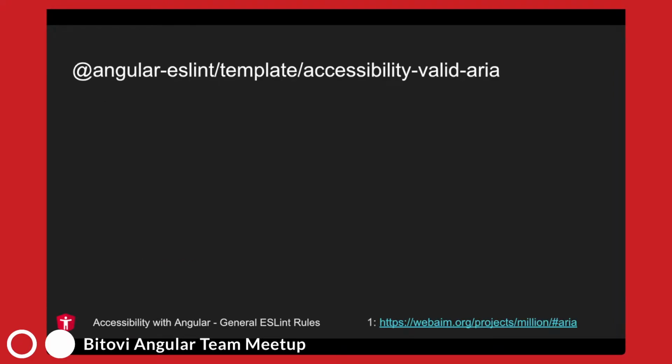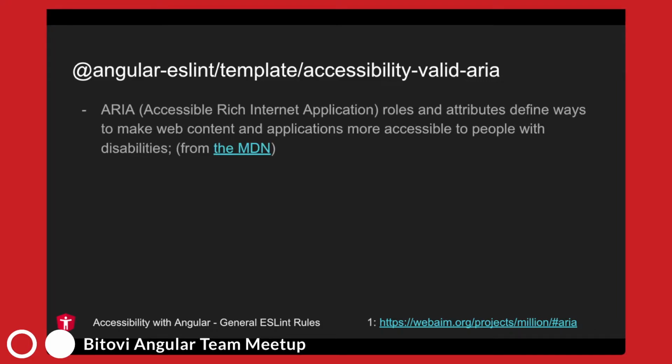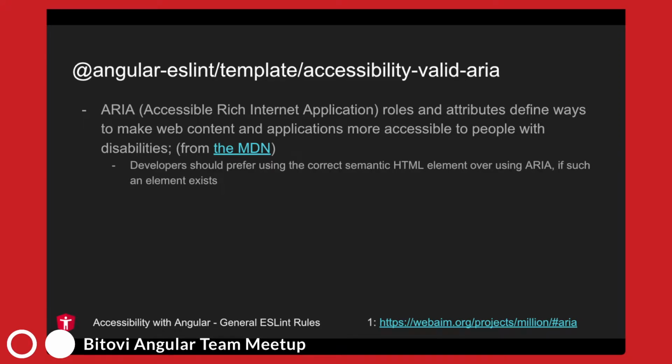Our first rule is accessibility valid ARIA. If you're not familiar, ARIA, or Accessible Rich Internet Applications, roles and attributes allow you to define web content that is more accessible to people with disabilities. In practice, you are encouraged to use semantic HTML elements instead of having to rely on ARIA attributes.